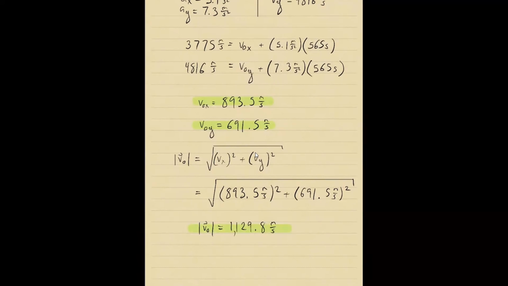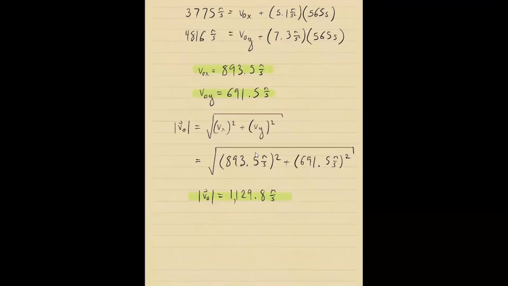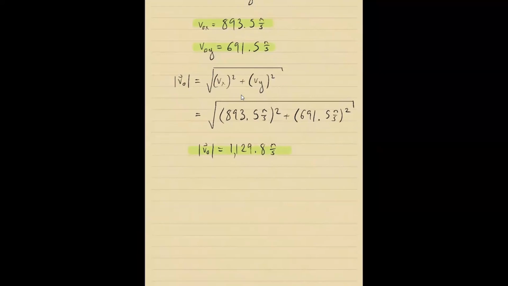Now, the second part of the problem was asking about the direction of the initial velocity vector. I want you guys to notice that our x component for our initial velocity is positive, and our y component is positive, which means that if we draw this little picture here, the vertical axis is the y-axis, the horizontal axis is the x-axis.